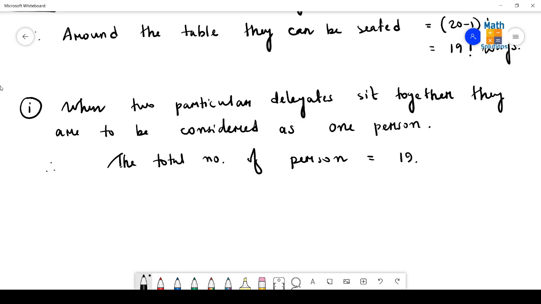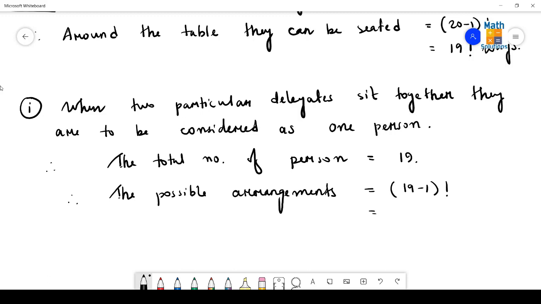Therefore, the possible ways of arranging these 19 persons, the possible arrangements, will be, of course, 19 minus 1 factorial, which is equal to 18 factorial. But we consider these two particular delegates as a single person, and they can interchange their places, means they can arrange among themselves in 2 factorial ways.